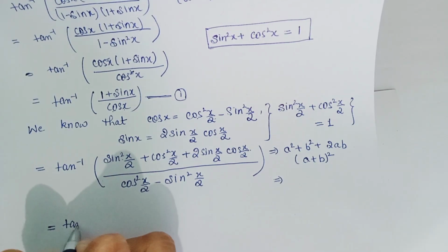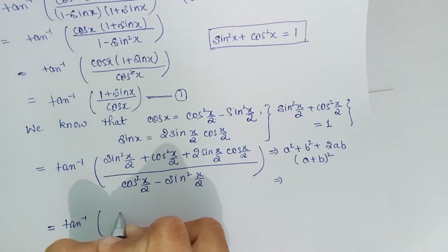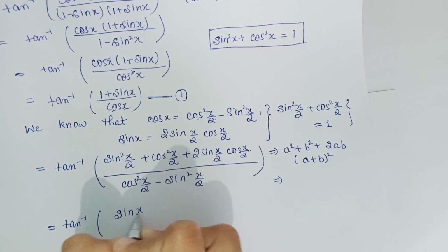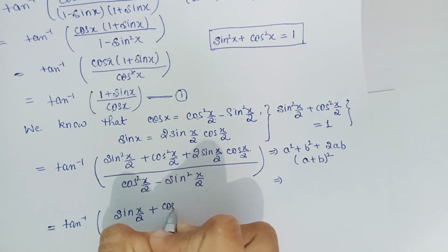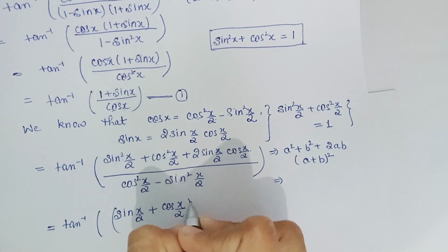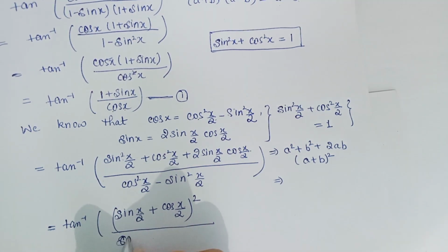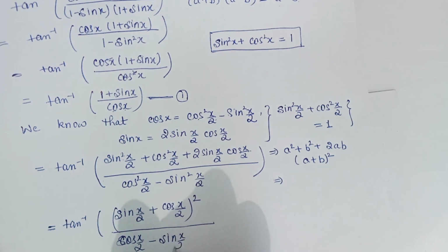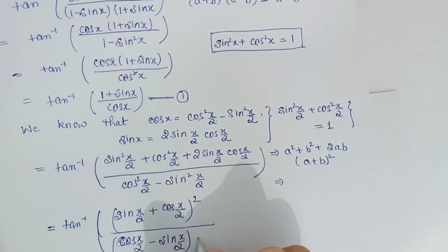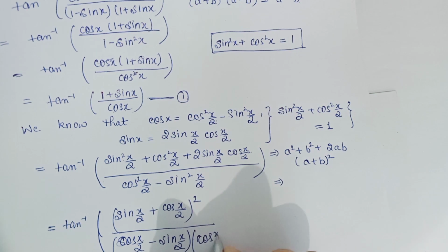It will become tan inverse sin x by 2 plus cos x by 2 whole square divided by cos x by 2 minus sin x by 2 multiplied by cos x by 2 plus sin x by 2.